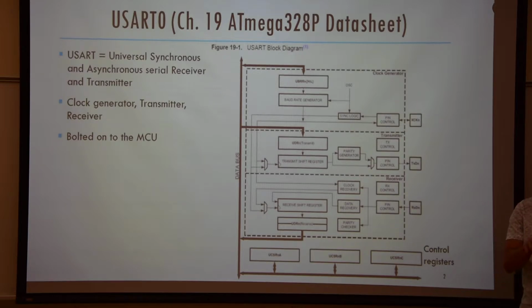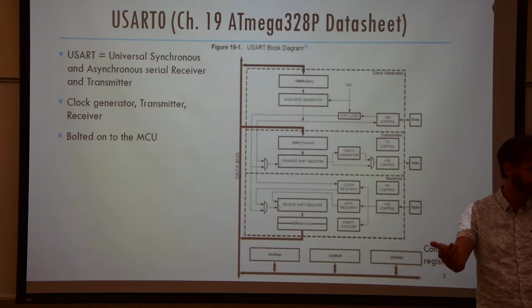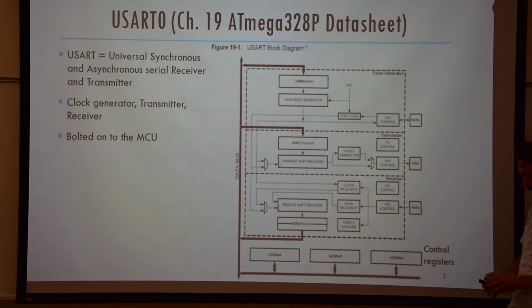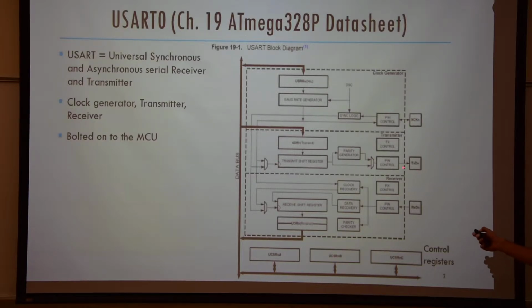You were typing in characters. Those characters will go in the laptop's transmit buffer, and that buffer is being emptied according to a certain frequency and transmitted bit by bit over that line that is the receive line for the MCU. So those clocks need to be synchronized. That's very important.